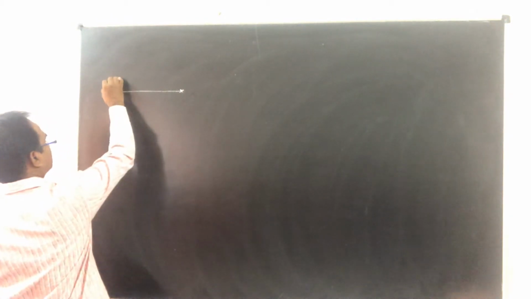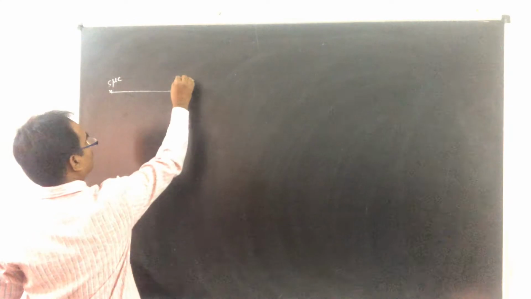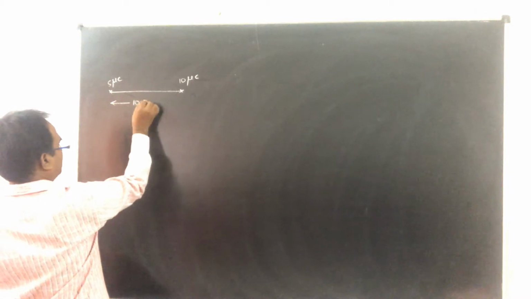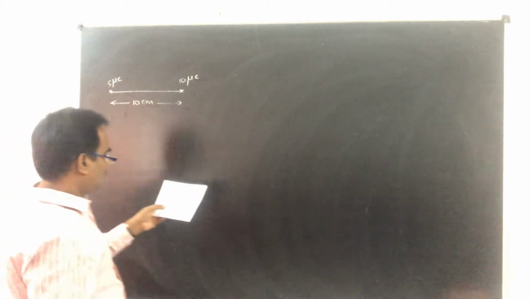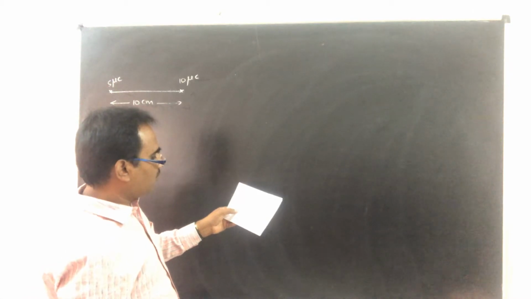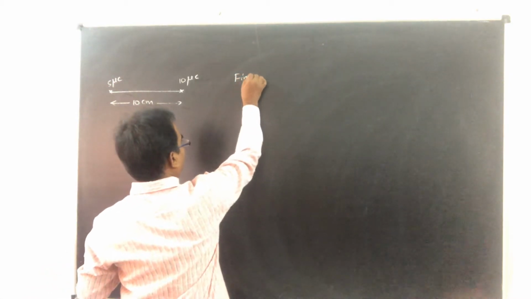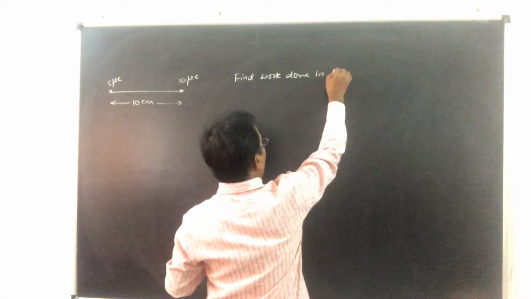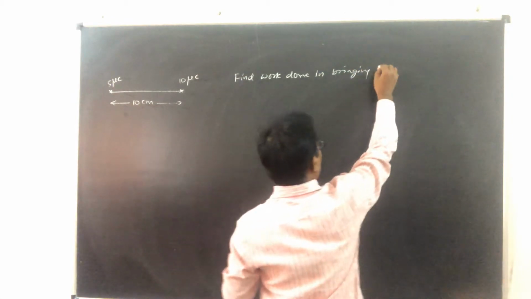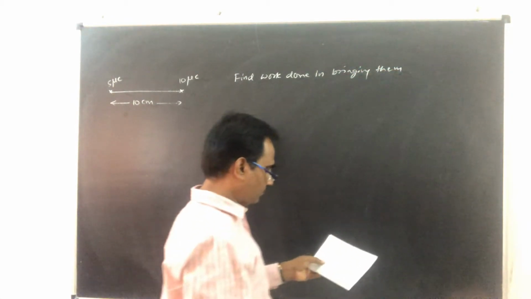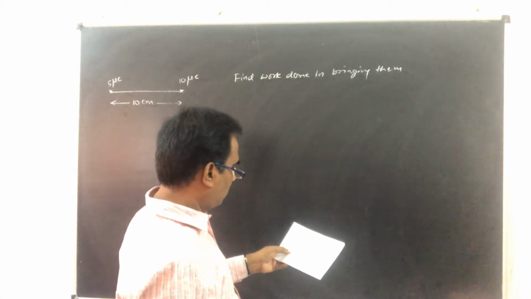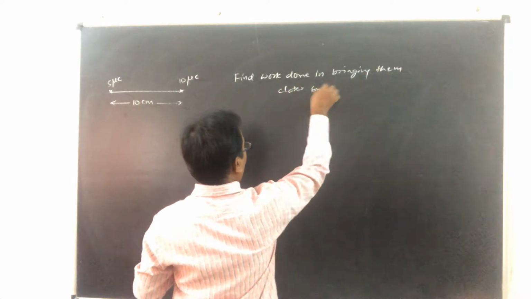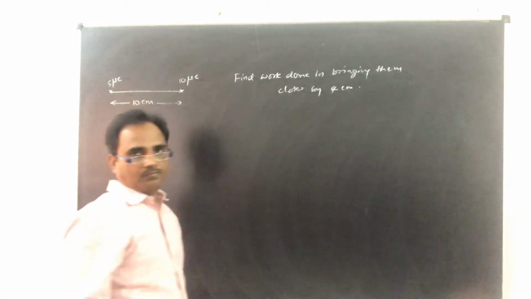There are two charges. One is 5 microcoulomb, another one is 10 microcoulomb. They are placed 10 cm apart. The question here is: find work done in bringing them closer by 4 cm.